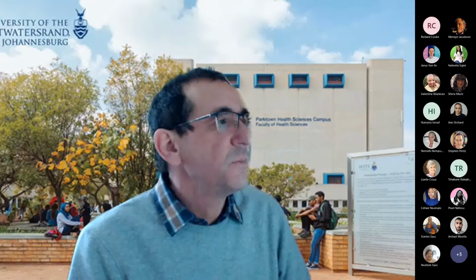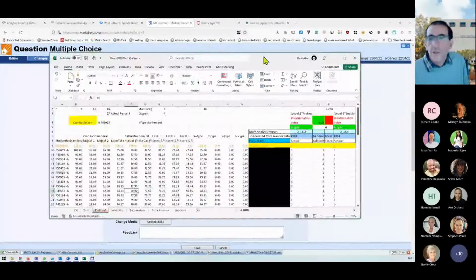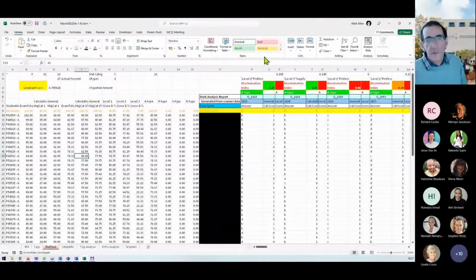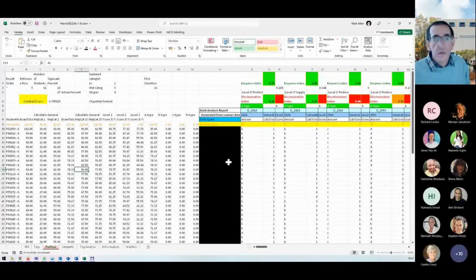When looking at the simplest formats for assessment again, let me just show that again. If we're looking at a simple assessment, here the actual names are blanked out, but this is purely using Excel to do an assessment of the exam itself.